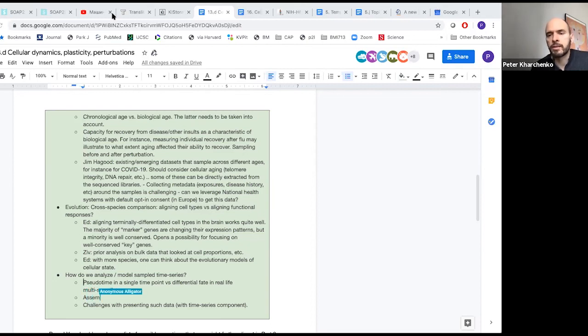You're just sampling, let's say, a large population of people, maybe once or twice each. So not very densely, but they all lie somewhere within that spectrum of a time progression, let's say aging and so forth. Can we come up with methods robust enough to reconstruct the time progression from this type of data? Because I imagine we'll see that more often than a nicely designed, densely sampled one.